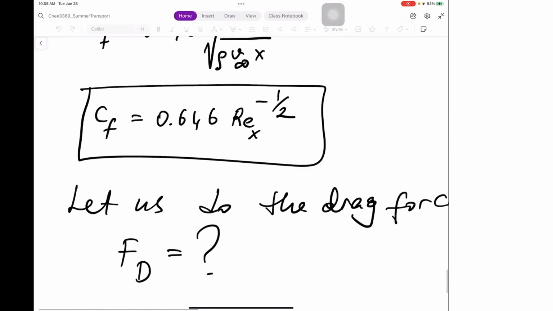And we found that the skin friction coefficient is inversely proportional to the square root of the Reynolds number. And with approximation, we found the proportionality constant.